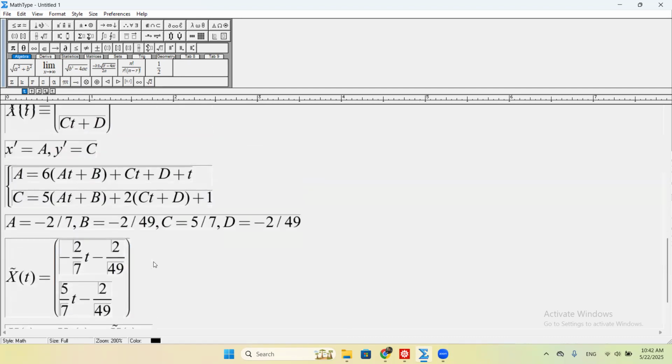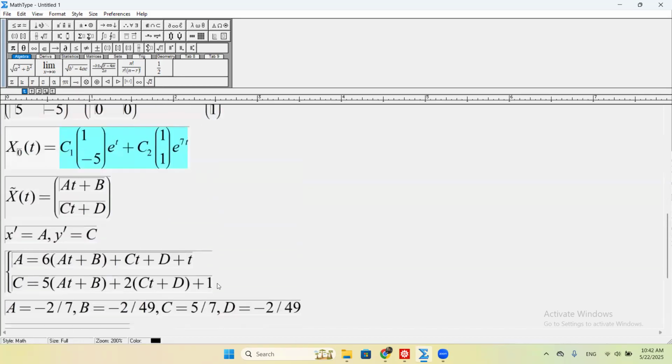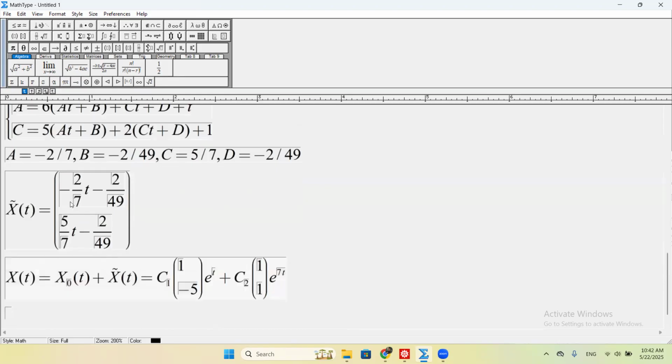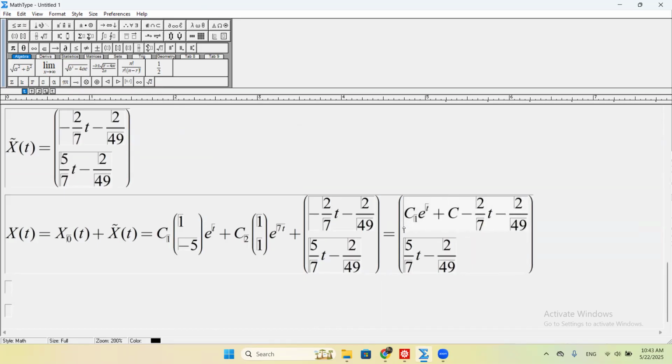So actually, let's rewrite it in a more accurate way. So here will be C1 e in power of t plus C2 e in power of 7t.